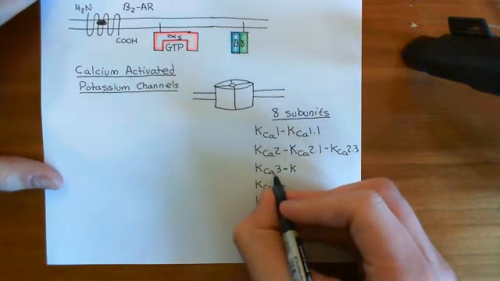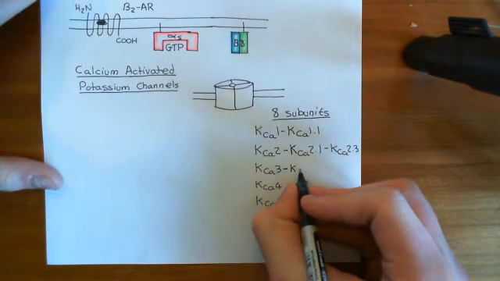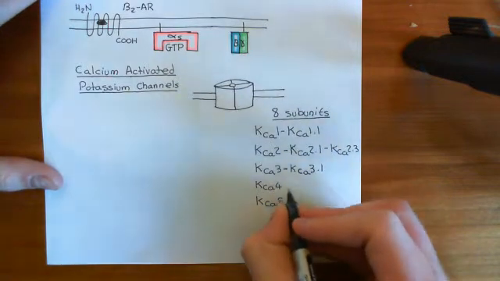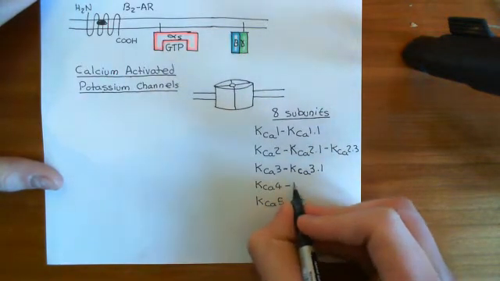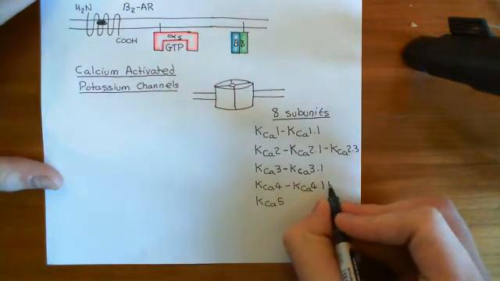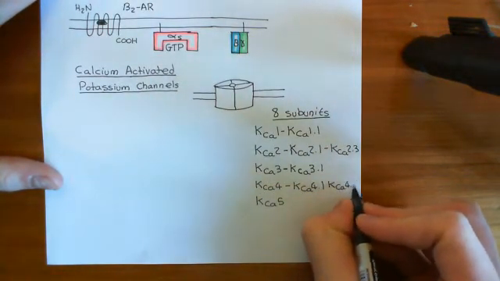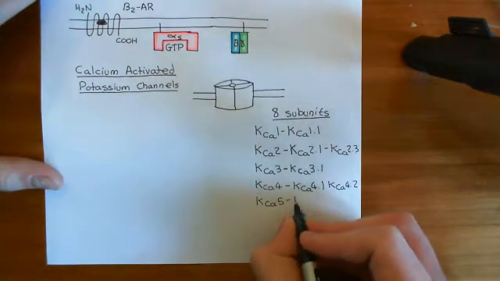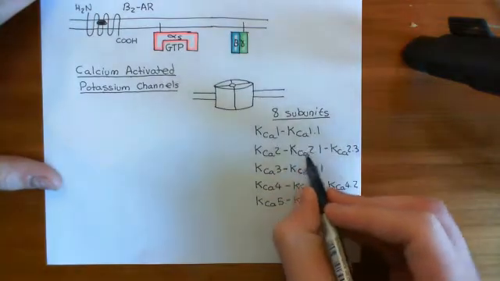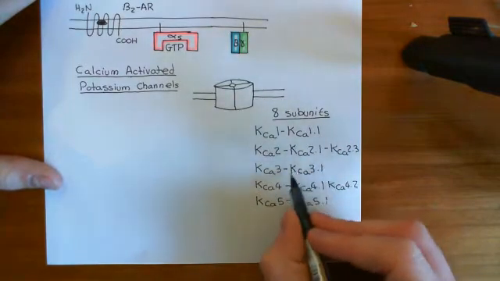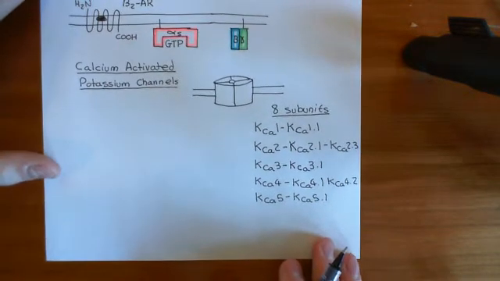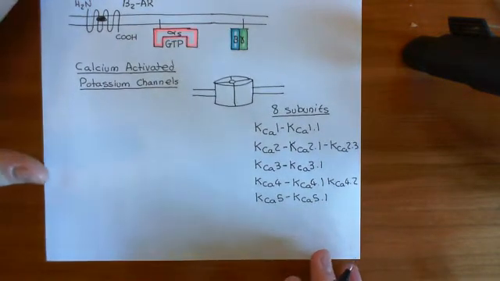In the KCA3 family, there is just one member, KCA 3.1. In the KCA4 family, there are 2 members, KCA 4.1 and KCA 4.2. And then finally, to take us up to 8, in the final family there is just one, KCA 5.1. So that takes us up to 4, 5, 6, 7, 8. These are the 8 different subunits for calcium activated potassium channels.